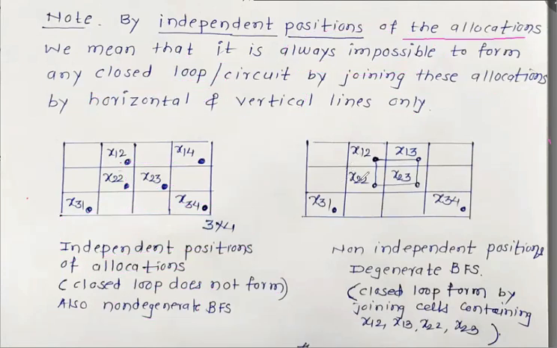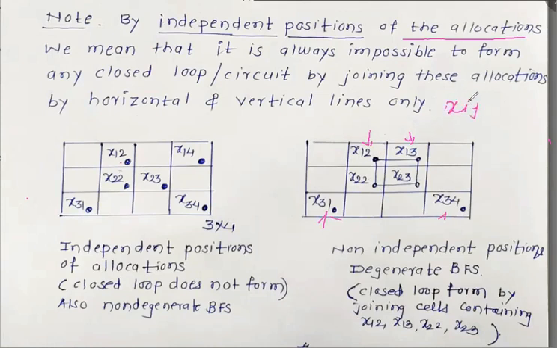Now let us see another situation. Suppose it is the same problem, and in this problem we get this solution: x12, x13, x22, x23, x31, x34. These are the positive allocations.